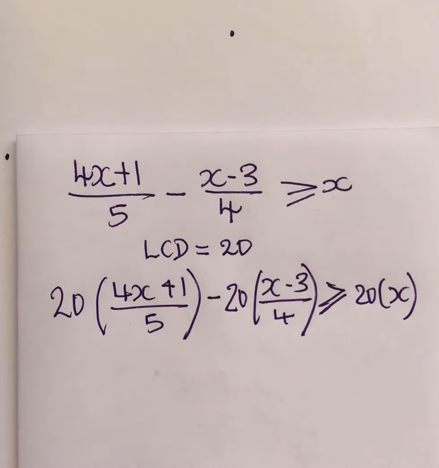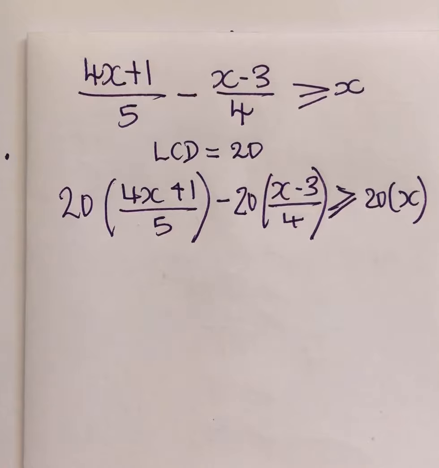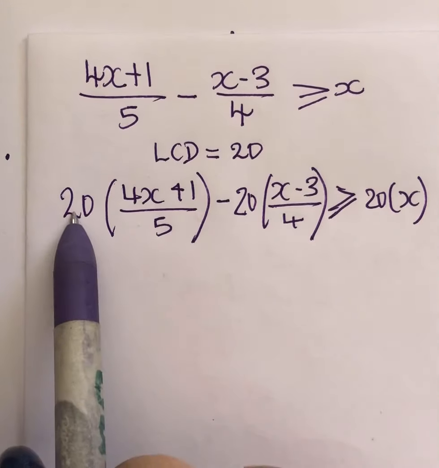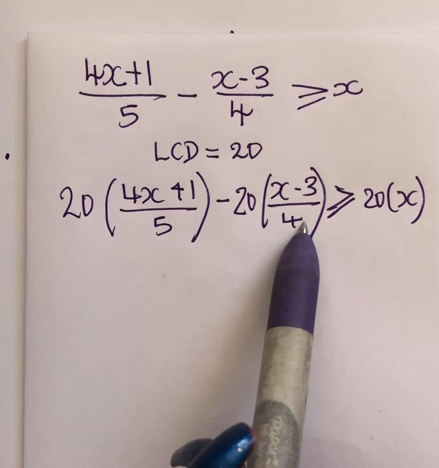All right, so my next step will be to simplify. What I am going to do is to cancel here. I'm using 20 and 5, and then I'm going to use 20 and 4 to do my cancellation.